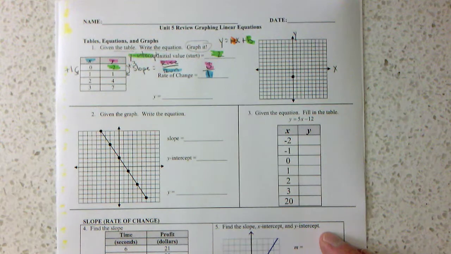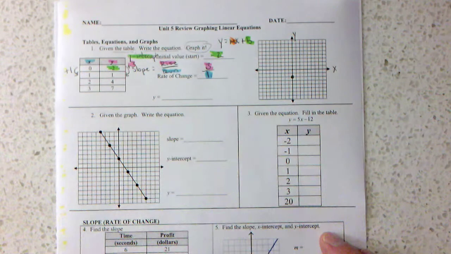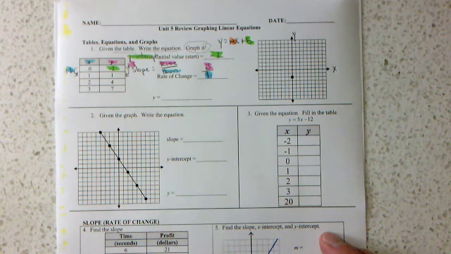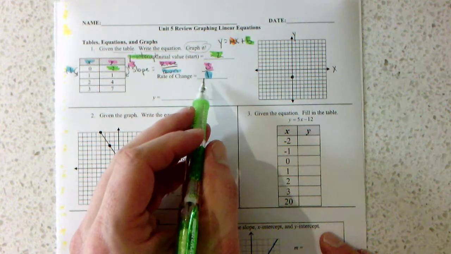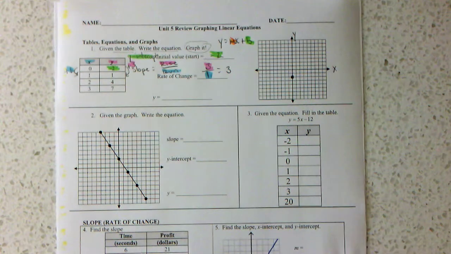You can see all that over here as well on my table: +3, +1. So I can simplify this rate of change, or this slope, by removing the 1 and just calling it 3.